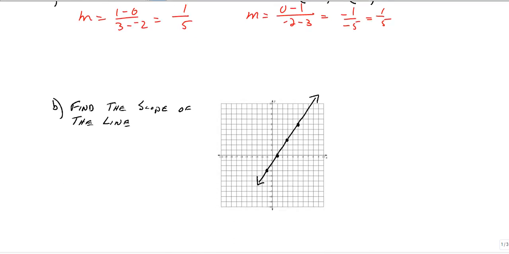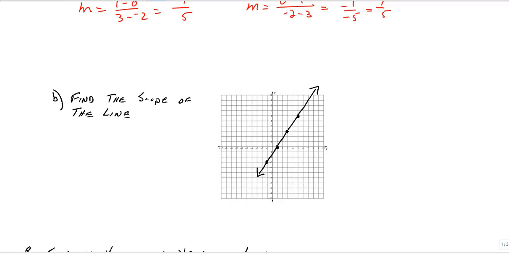Let's do a few examples here. Find the slope of the line. Okay, so it's the change of the y's all over the change of the x's, so let's just count. Going from this point to this point, I will go up 1, 2, 3 in the y direction. And I'll go over a positive 2 in the x, so the slope is 3/2. Let's do it a little differently.